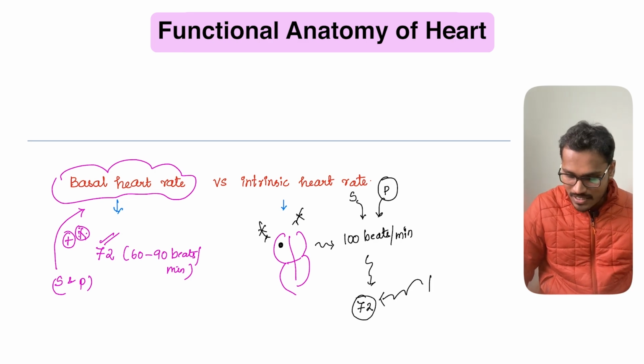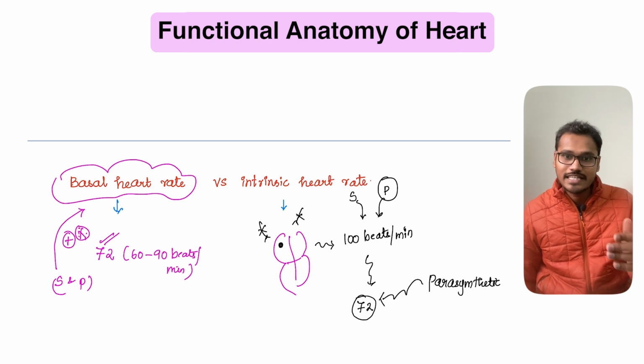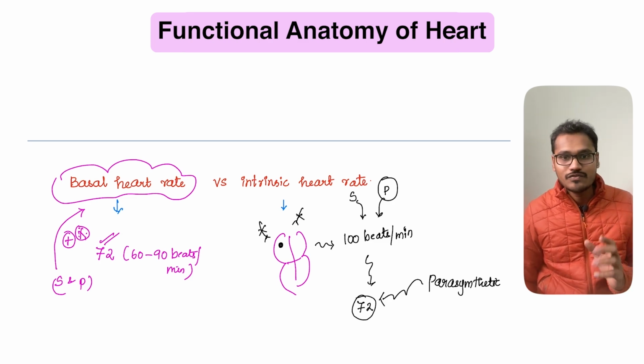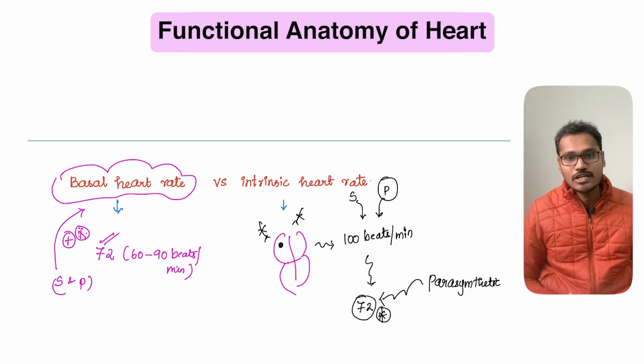It is maximally influenced by the parasympathetic system, because after giving the connection of both, the heart rate did not rise, it came down. Even though the sympathetic system is there, the parasympathetic is overriding it and decreasing the heart rate. So the parasympathetic system has greater influence on the baseline heart rate.